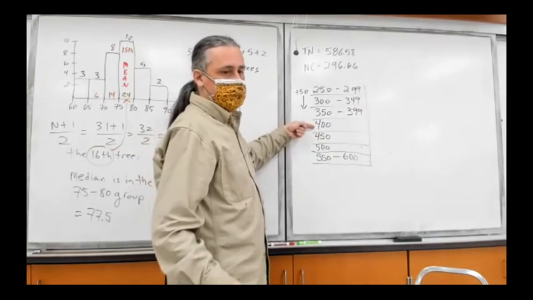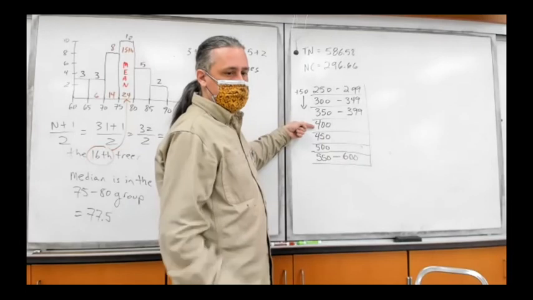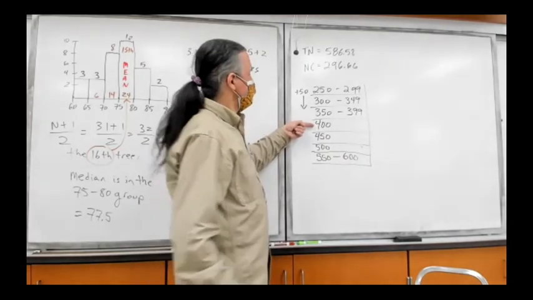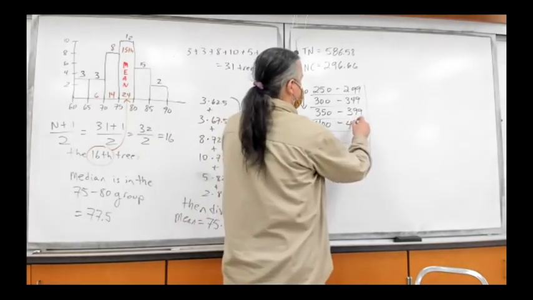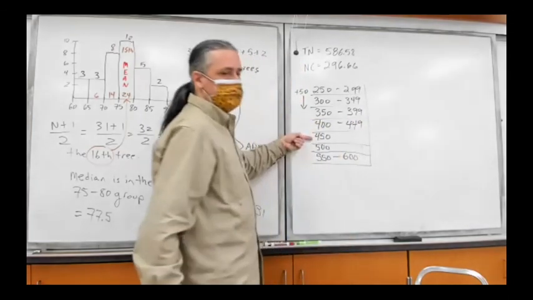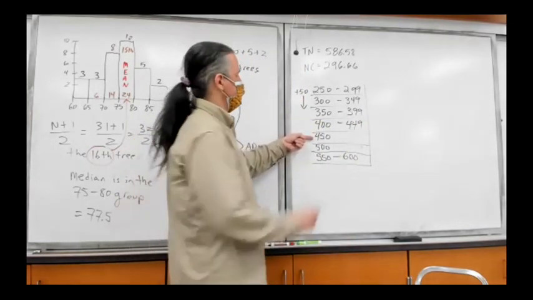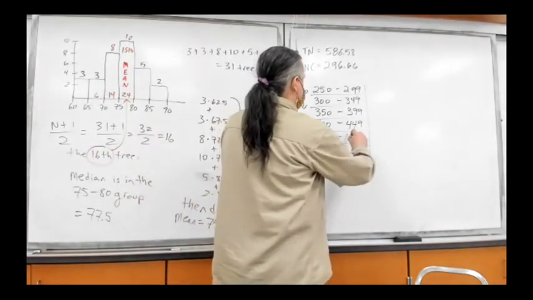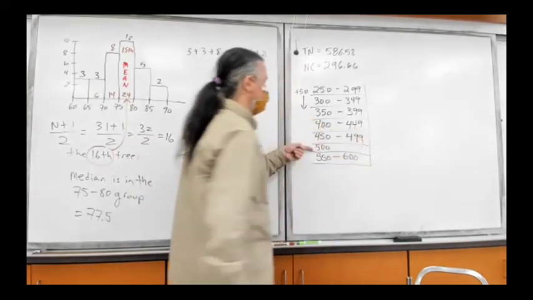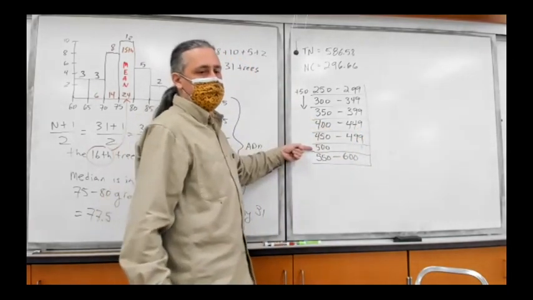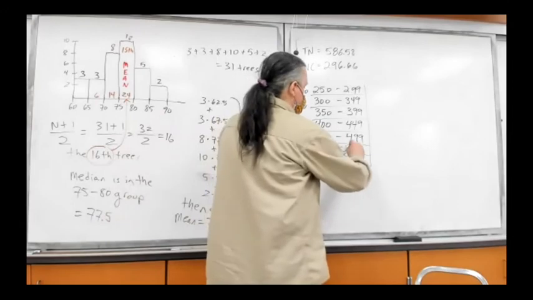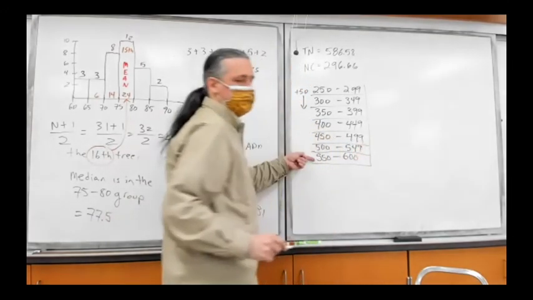Right, so just one number back from the next number in the interval. So 400 to 449, and then we go to 450. 450 to 499, and then we go to 500, and then 500 to 549, and then we go to 550.